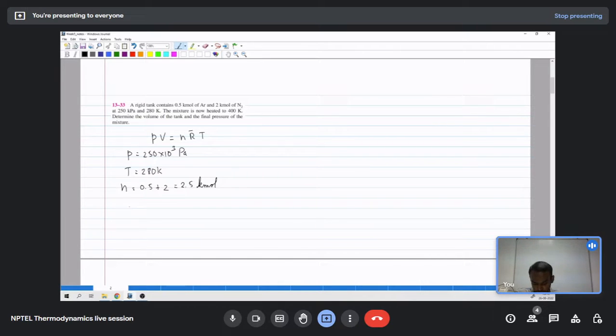So to calculate the volume, I would have N into R bar T divided by pressure. This is 2.5 into R bar, which is 8314, into temperature 280 Kelvin divided by pressure of 250 kilopascal. This way I can calculate the volume, which is 23.28 meter cube.